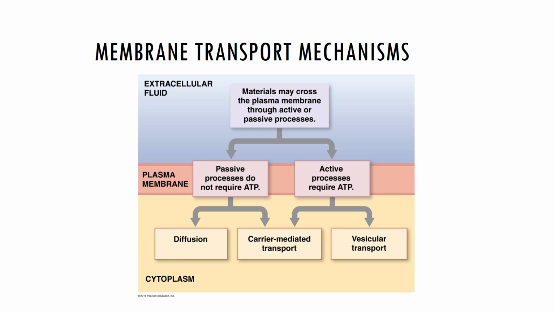There's also active processes, where we must expend some energy or ATP. So passive processes can be further subdivided into diffusion or carrier-mediated, and active processes are also carrier-mediated or can be different types of vesicular transport.